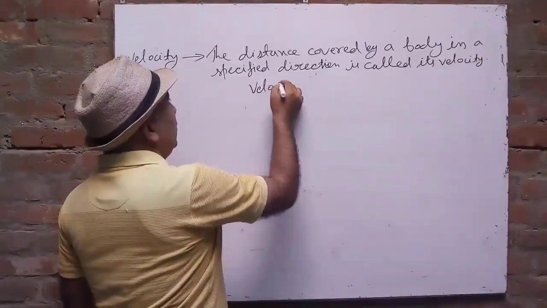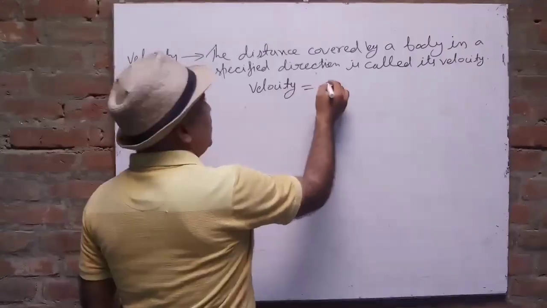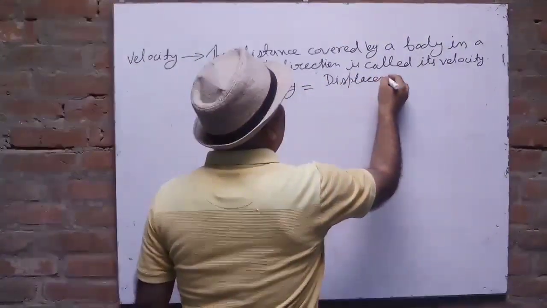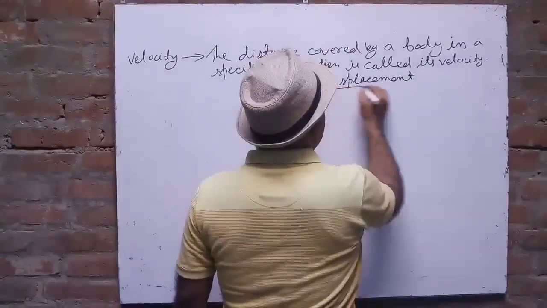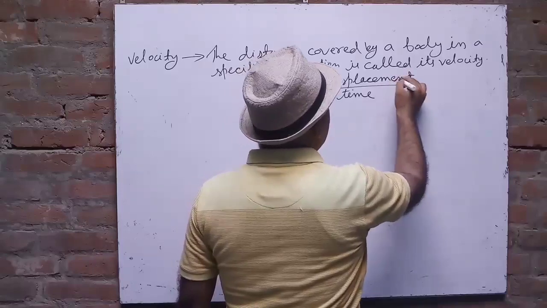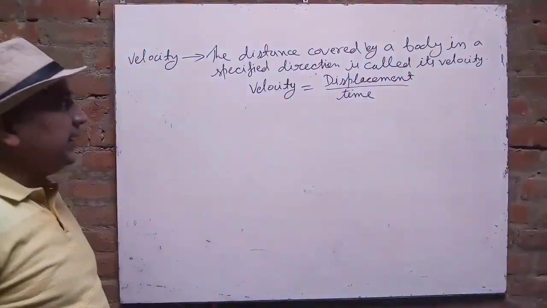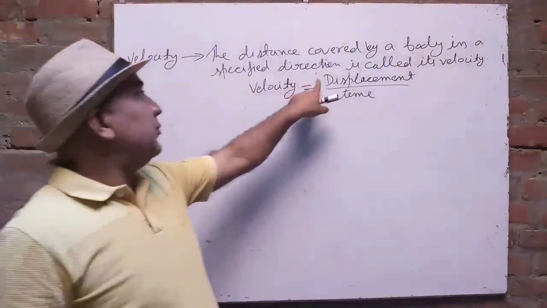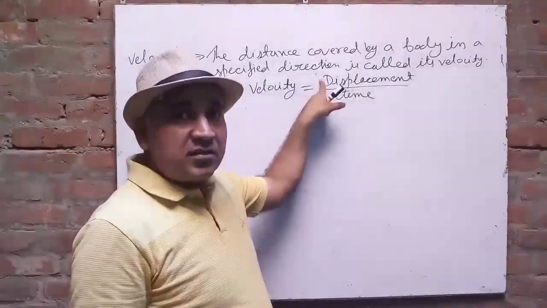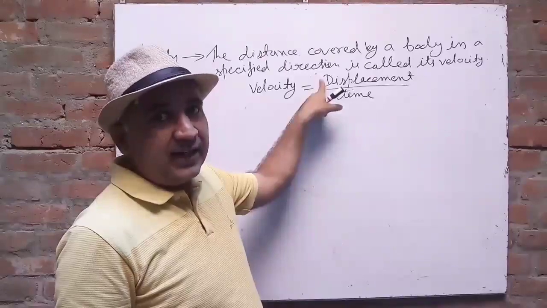So velocity will be displacement upon time. Okay, what is the formula for velocity? Displacement upon time, because displacement is in a specified direction.